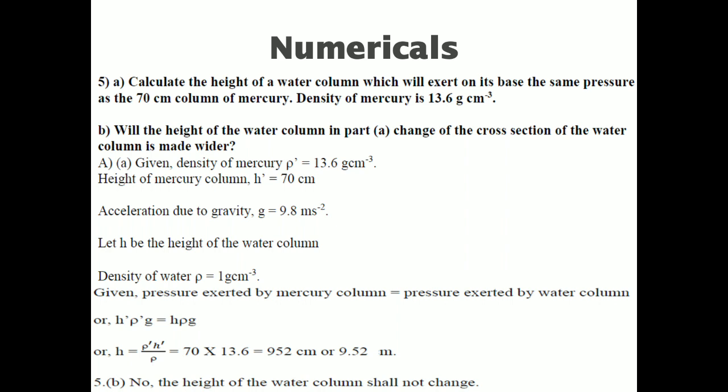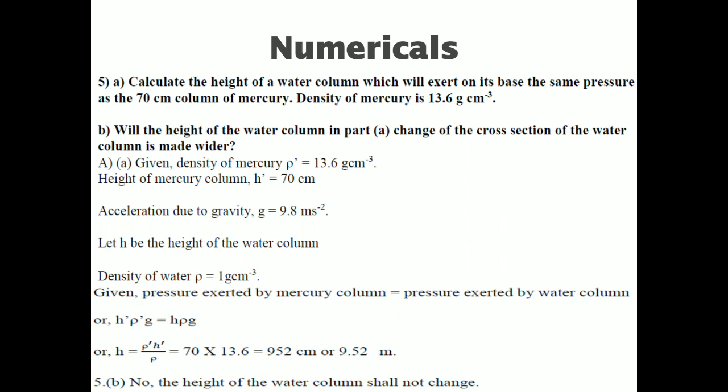So the pressure exerted by the mercury column can be written as H dash rho dash G is equal to H rho G, where H dash is the height of the mercury column, rho dash is the density of the mercury, and G is acceleration due to gravity, which is there on both sides, so it will get cancelled. Only H is left, the height of the water column, and rho is the density of water.